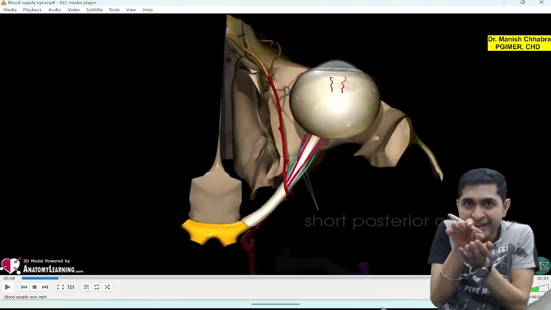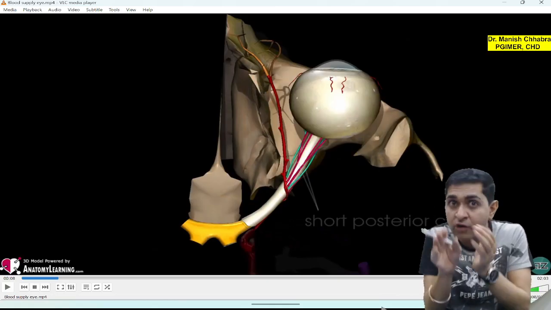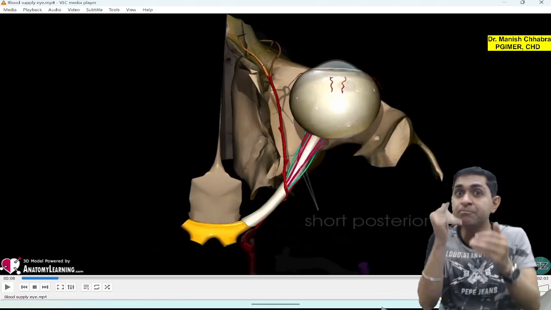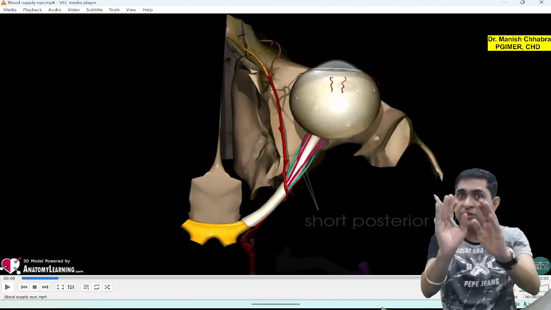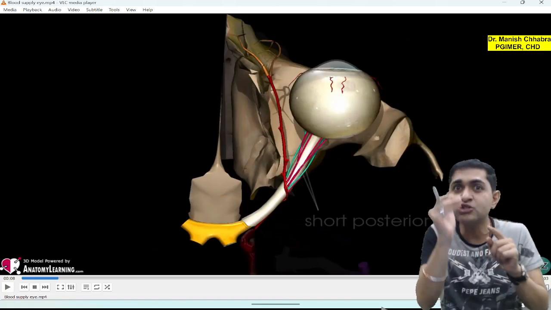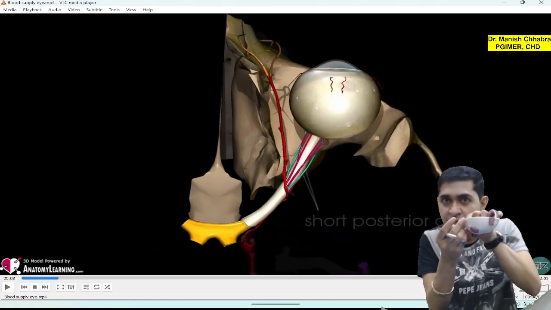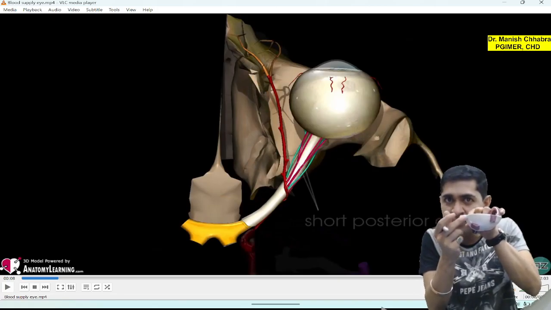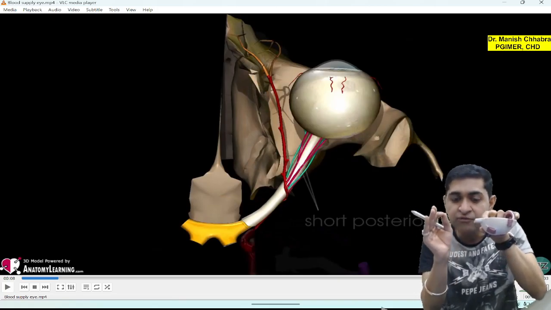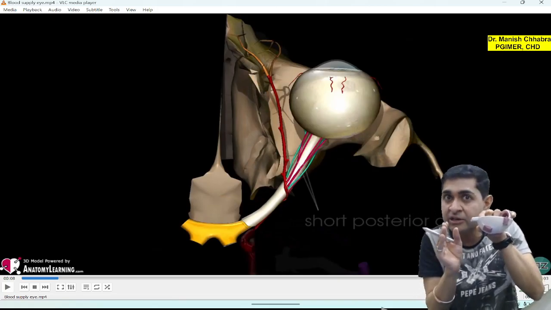After entering the orbit along with the ophthalmic artery, which is a branch of the internal carotid artery, just 1 centimeter before entering the eye, the ophthalmic artery gives a branch which is your central retinal artery.